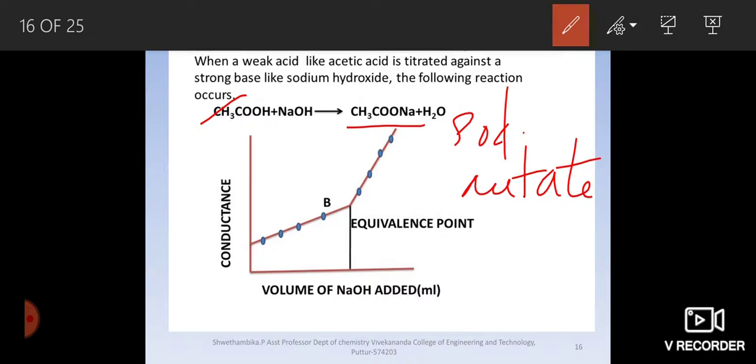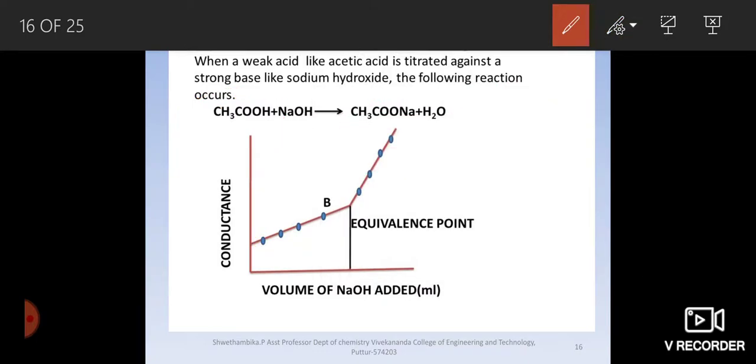Now, why this particular variation is observed must be accounted for. Unlike the previous case, observe here, the initial value of conductance is very low. That is because first we have acetic acid, which is a very weak acid. What is the nature of a weak acid? It always undergoes partial ionization. That is why the observed conductance at the first step is very low.